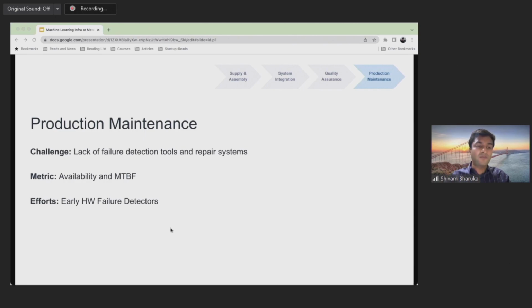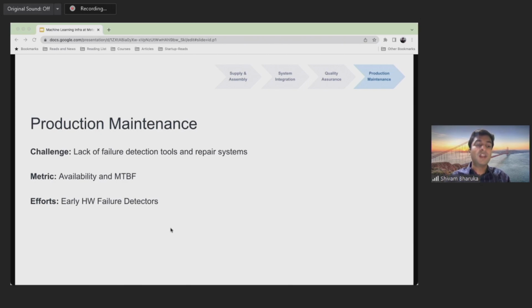And a step we have taken to ensure that the failures are detected and the repairs are done is we perform early hardware failure detection. Before running any job on these machines, we run a failure detector system every time before spinning up those jobs, such that we can test the network, we can test the GPUs or the accelerators on the machine and ensure they are healthy before running the actual job and users seeing a pain due to the quality of the hardware itself.